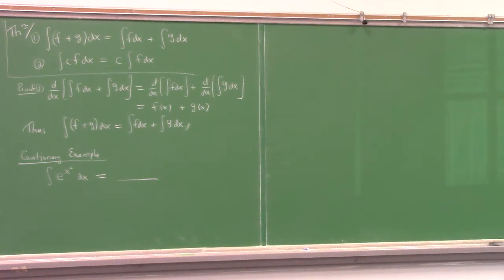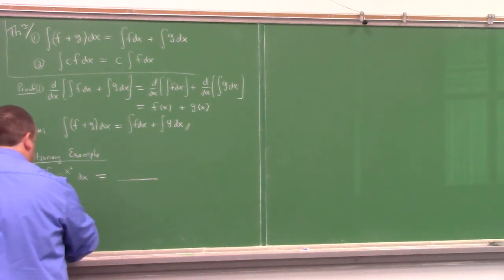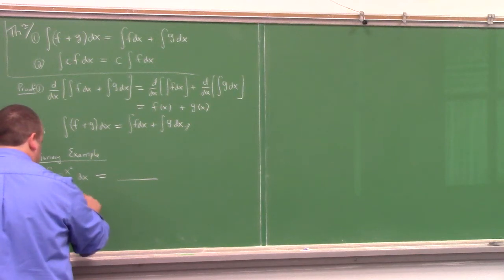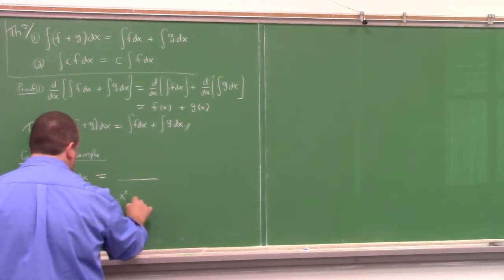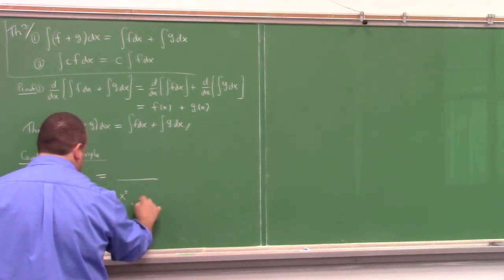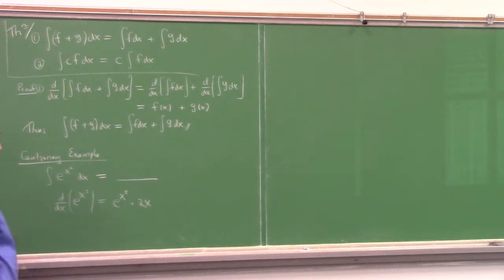You might want to try e to the x squared, right? What happens if we differentiate e to the x squared? That's a simple matter, right? That's e to the x squared times the derivative of x squared, which is 2x, by the chain rule. But there's no nice way to make that 2x go away up here.